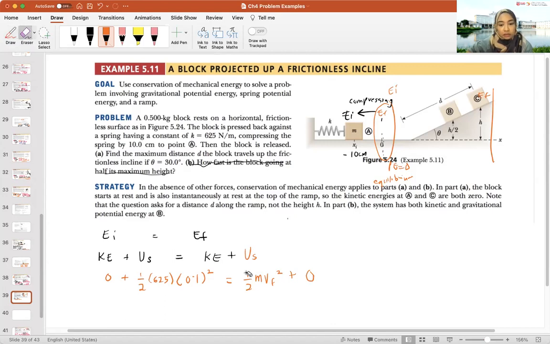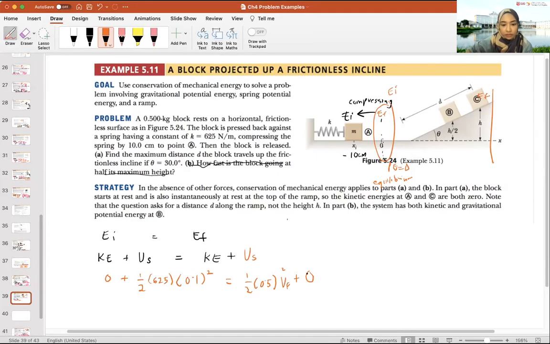Need to put that in. V final squared. Okay, so 625 times 0.1 squared divided by 2, and then times with 2.